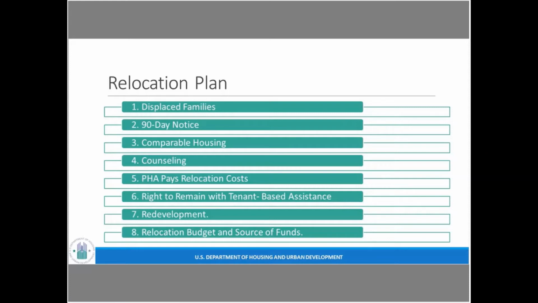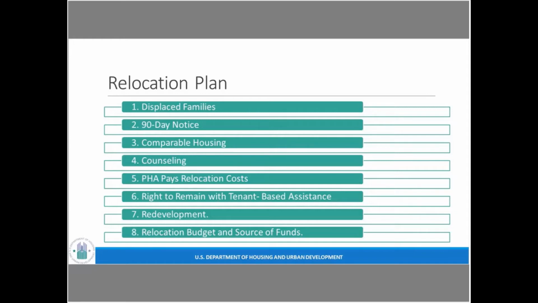So backtracking a little bit, again, the threshold concern with developing a relocation plan is every single family being converted from public housing is considered a displaced family and entitled to a 90-day notice, an offer of comparable housing, and the PHA paying their moving expenses if they're being offered tenant-based assistance, or really any assistance. PHA has to pay the moving expenses for all displaced families.